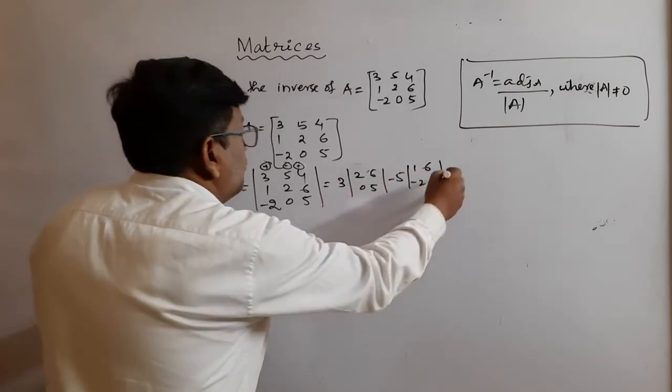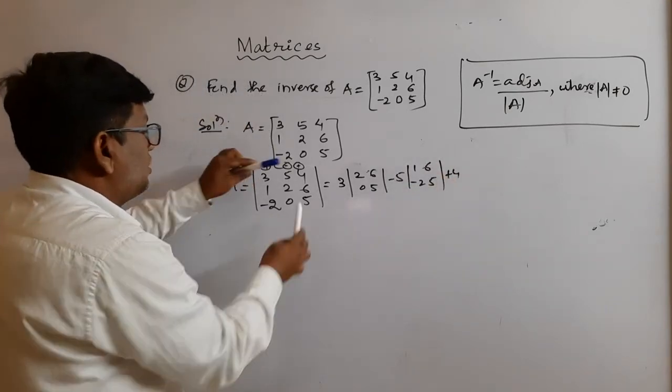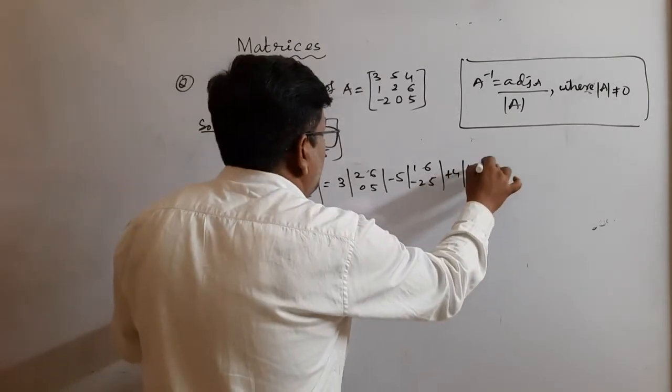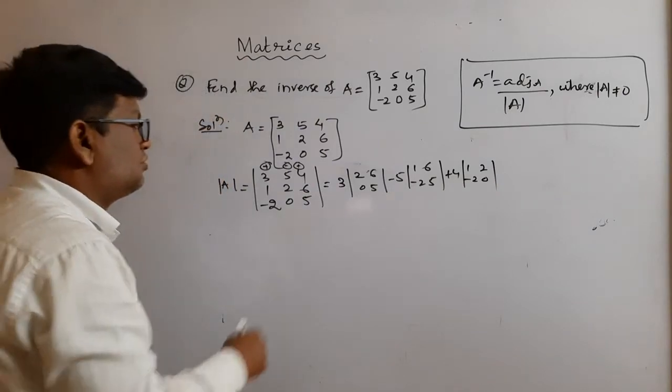Plus 4 into first row third column, 1 2 minus 2 0.